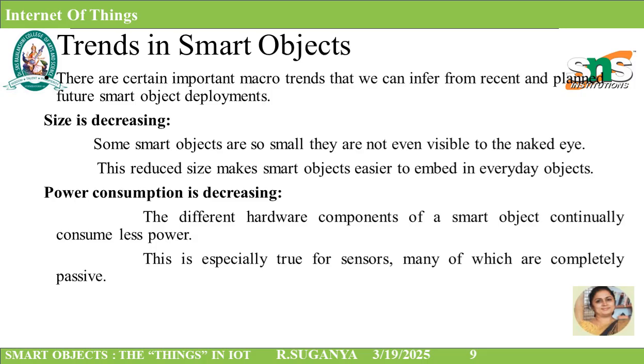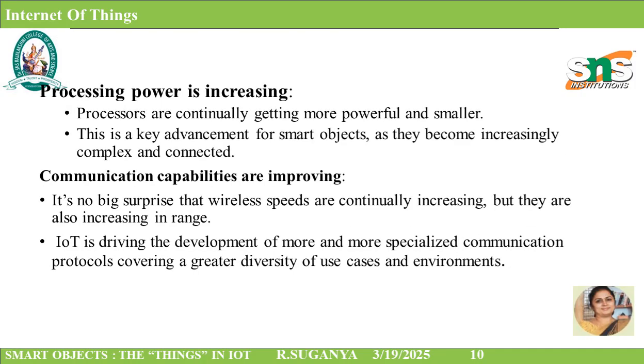Sensors are becoming passive, and processing power is increasing. Processors are continually getting more powerful and smaller, and this is a key advancement for smart objects as they become increasingly complex and connected. Communication capabilities are improving. It's no big surprise that wireless speeds are continually increasing, but they are also increasing in range.